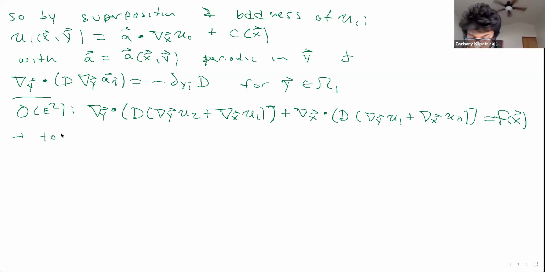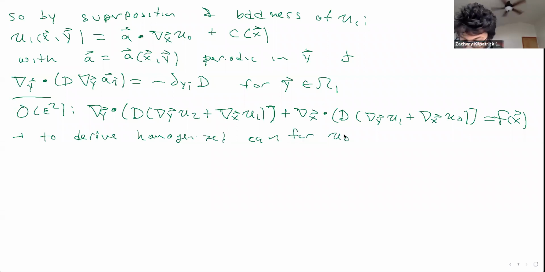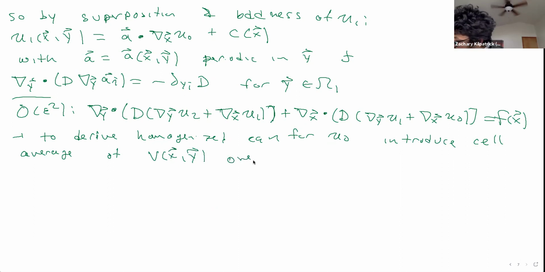Now, how do we get this homogenized equation? To derive the homogenized equation for u0, we're going to introduce the cell average of any function v of x, y over the cell Omega_P.